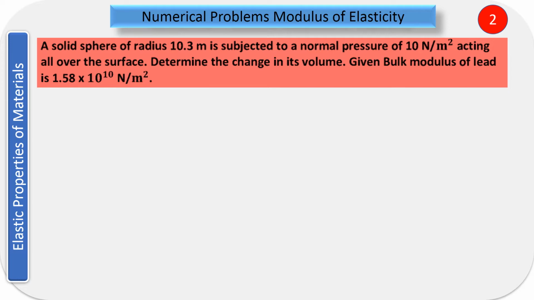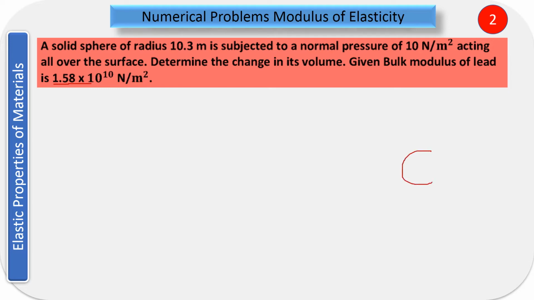Now, a solid sphere of radius 10.3 meter is subjected to a normal pressure of 10 Newton per meter square acting all over the surface. Determine the change in its volume, given the bulk modulus of lead is 1.58 into 10 power 10 Newton per meter square. So what does the problem say? A solid sphere of radius 10.3.